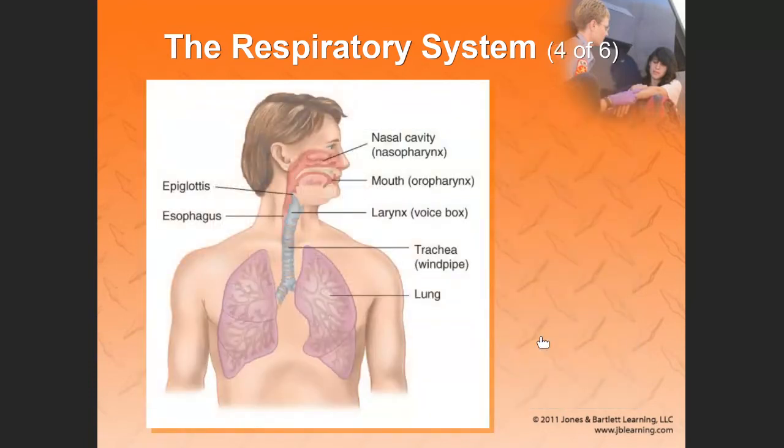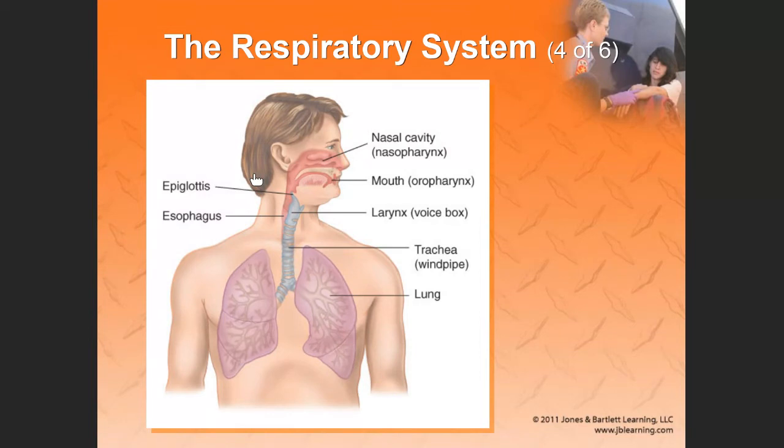Now the epiglottis is a leaf-shaped cartilaginous structure above the vocal cords, and its main purpose is to prevent anything that is not air from entering the lungs.